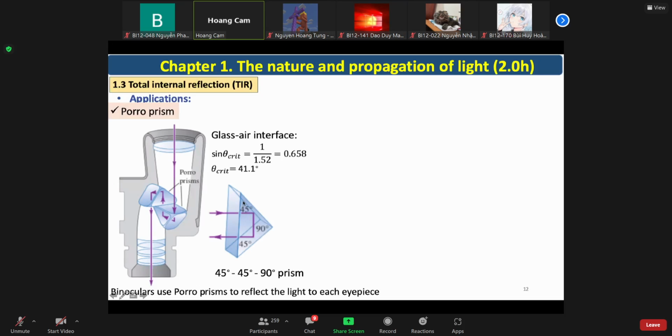The nice thing is that we have an equilateral right triangle, so here is 45 degrees and here is 45 degrees as well. And the angle opposite the hypotenuse side is 90 degrees. If you inject the light perpendicular to the hypotenuse side, here you inject here.